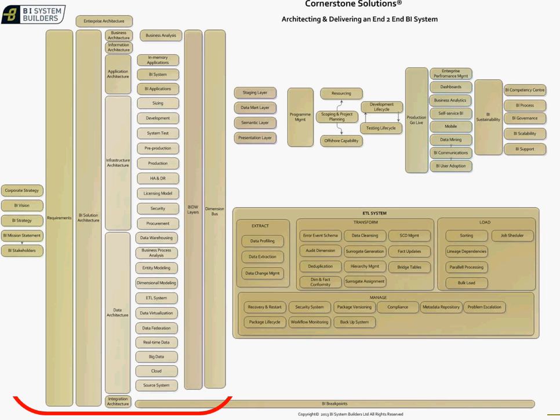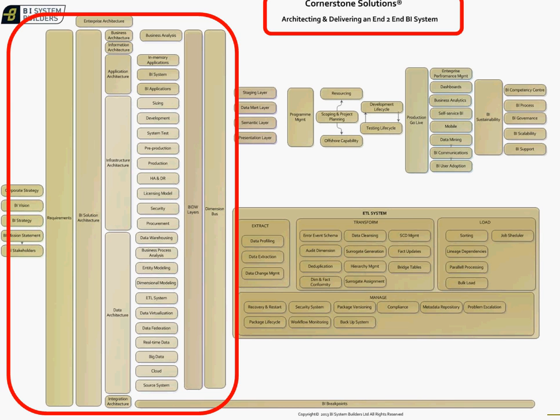And what we're going to be talking about now is this left-hand chunk of stuff, which is your solution architecture. The stuff up here I'm not going to touch on. This is really around the delivery model for your end-to-end BI system.